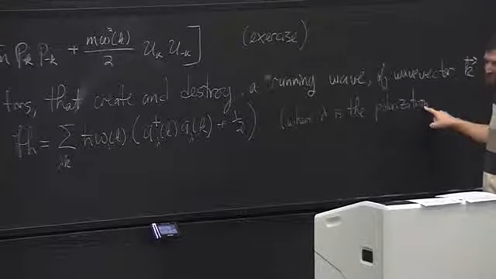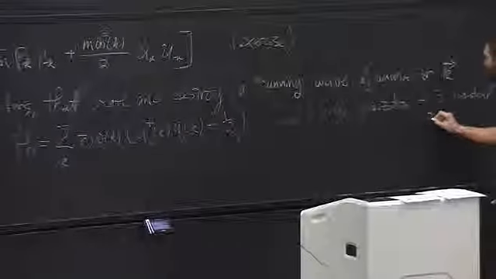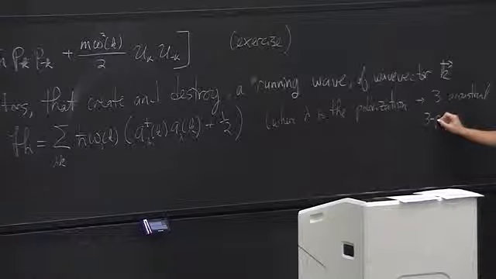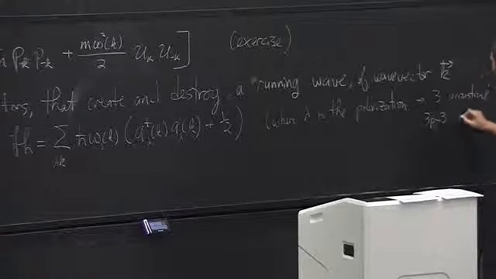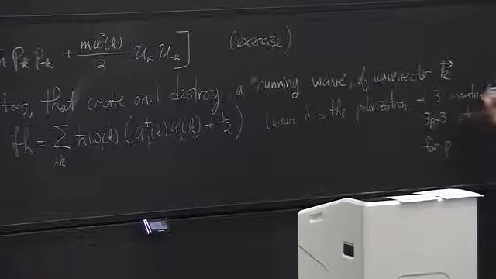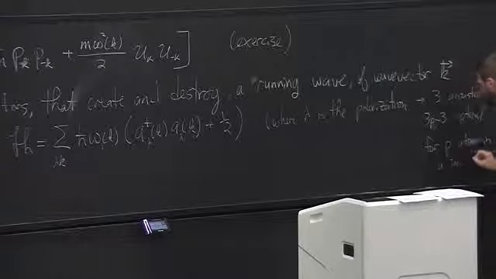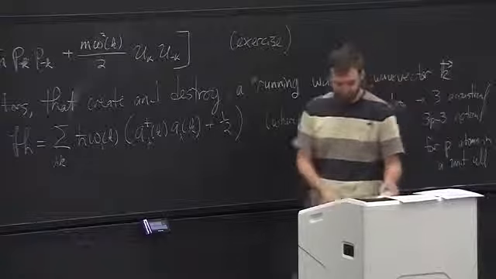That's the thing that has 3 acoustical and 3P minus 3 optical for P atoms in a unit cell. But we're only dealing with 1 atom per unit cell here.